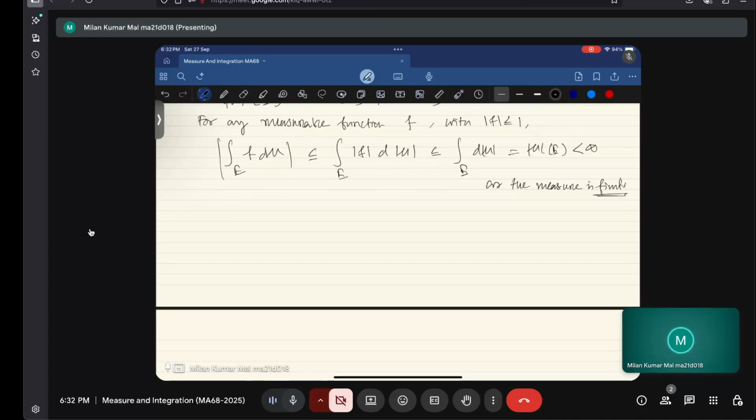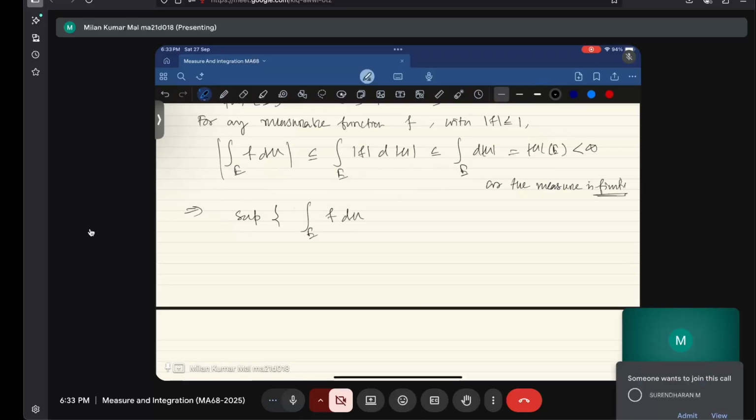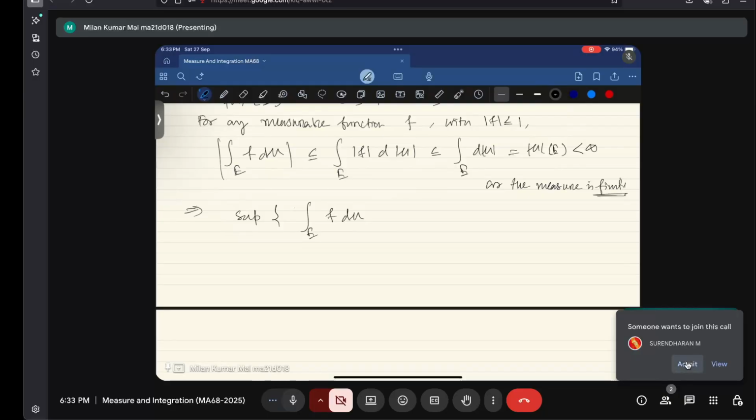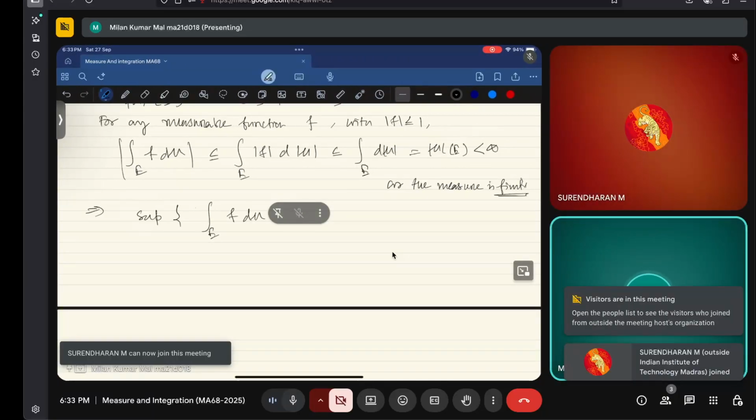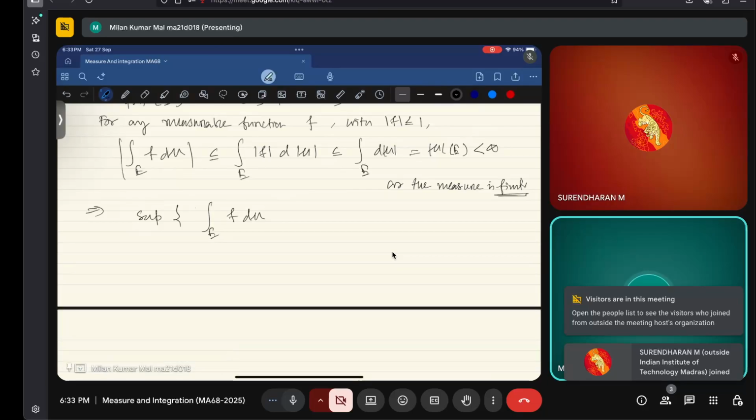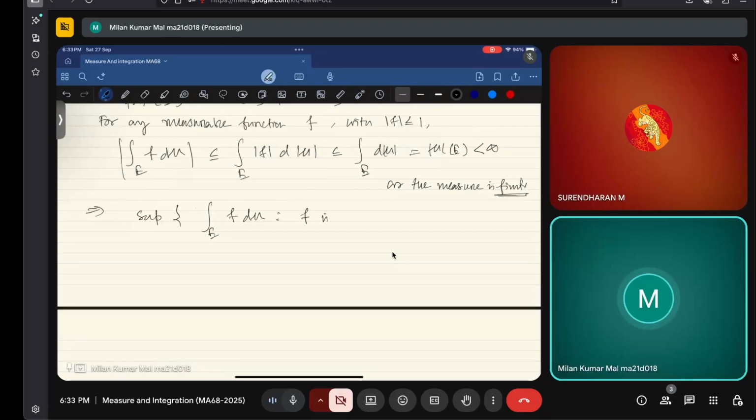So this way, what we are getting here is the supremum of the integral over E of f d mu, such that f is measurable and mod of f is less than or equal to 1. This quantity is less than or equal to mod mu of E.